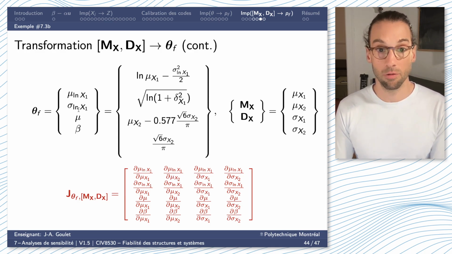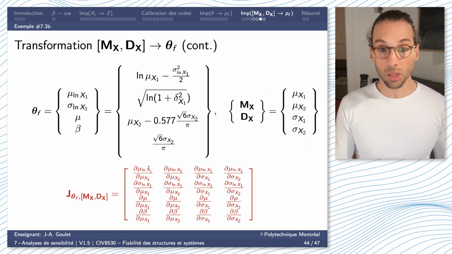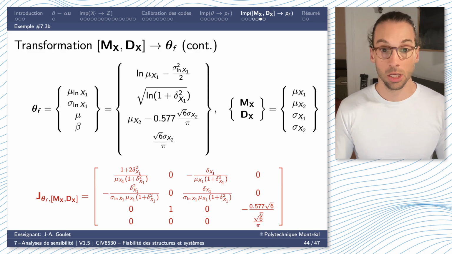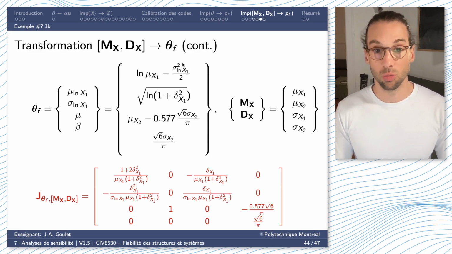Okay, so these are my lines, these are my columns. And I want to compute the partial derivative of all of these with respect to all of those. So if I look at which one is involved in those functions, I'm going to get this very sparse matrix, but I compute all the coefficients. In that case, I can compute all of them analytically.